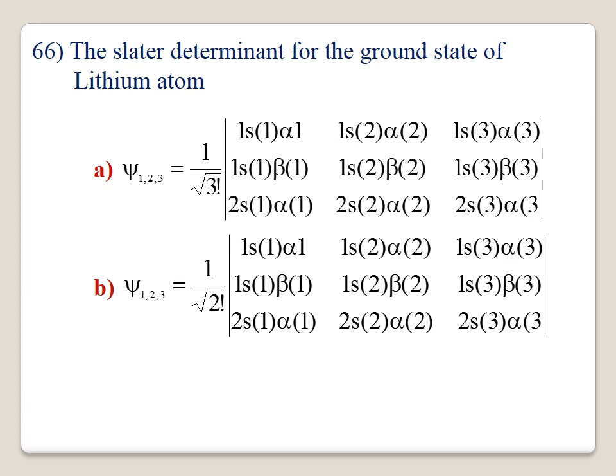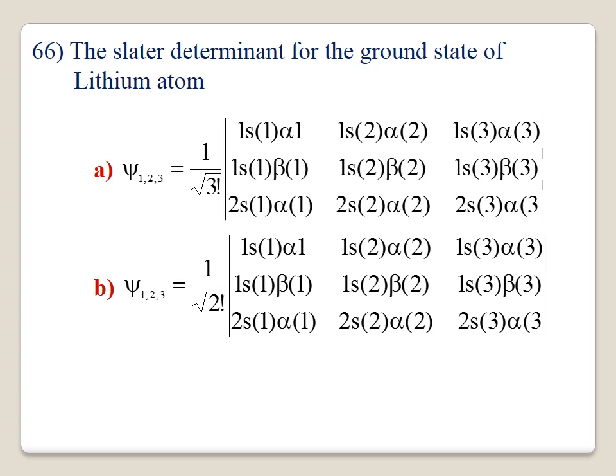For lithium: 1s1 alpha 1, 1s2 alpha 2, 1s3 alpha 3; for the second, 1s beta 1, 1s2 beta 2, 1s3 beta 3; then 2s1 alpha 1, 2s2 alpha 2, 2s3 alpha 3. That is the correct determinant for the lithium atom.